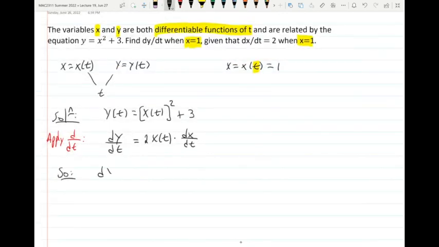So if you want to know dy dt when x equals 1, understand that this means at this point in time, this is just 2 times 1, because that's what x is equal to, times what's dx dt at this point in time? It is equal to 2. So what's the answer? 4.